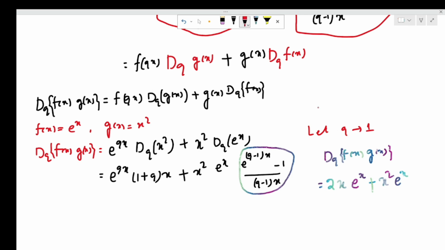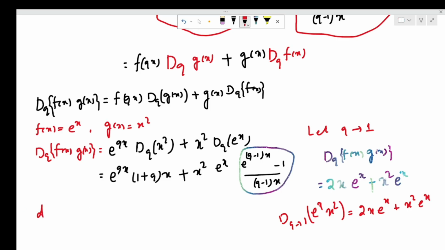So finally, what answer are we getting? We are getting that D_q as q tends to 1 will be 2x e to the power x plus x square e to the power x.